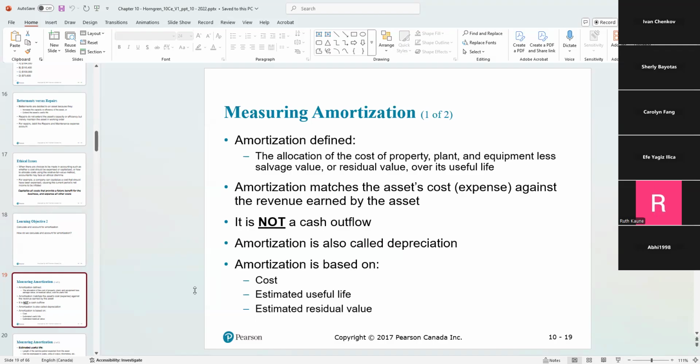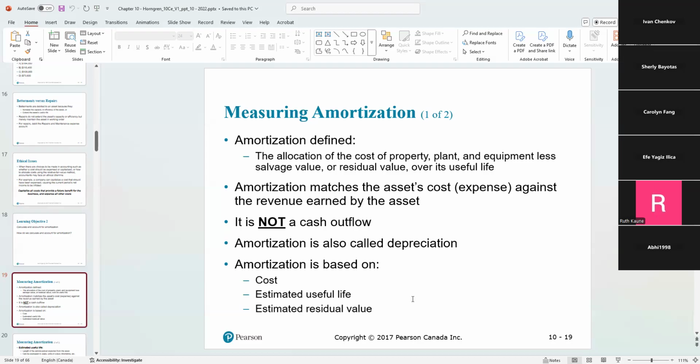Because again, amortization is transferring the cost of something that you already have and you already purchased and you already paid for into the expenses because you're using it to generate revenue. So basically, you're trying to match the revenue with expenses. Nothing more, nothing less. Amortization can also be called depreciation.